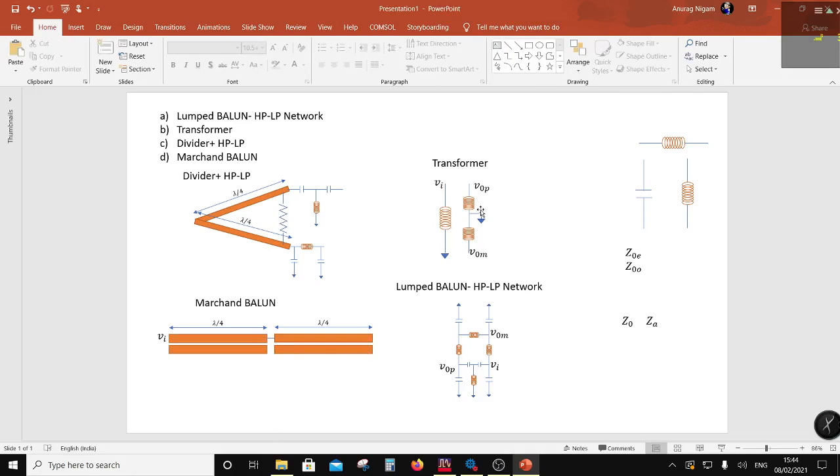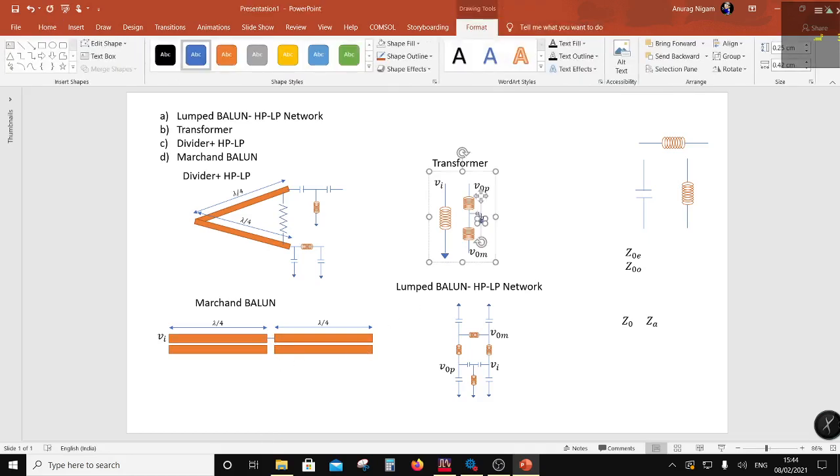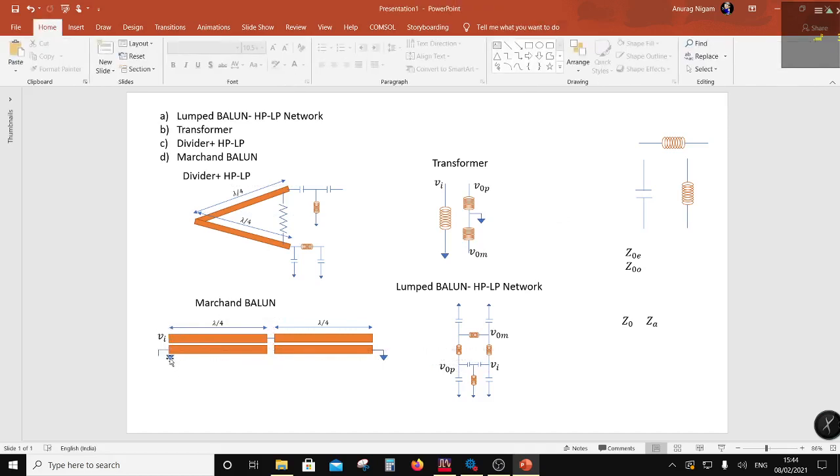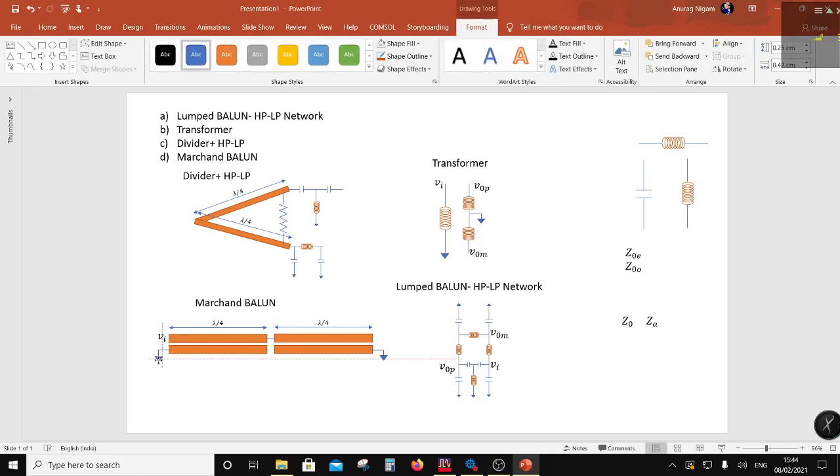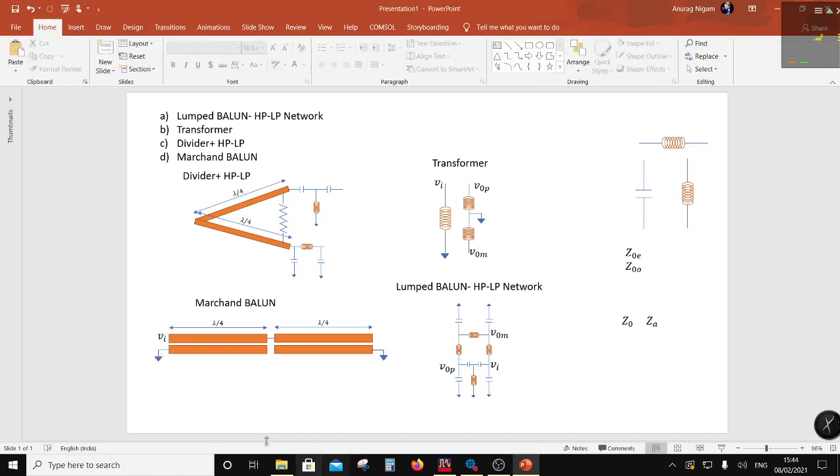These two sides are basically shorted to ground. So this side and this side. Okay, and the output is over here.